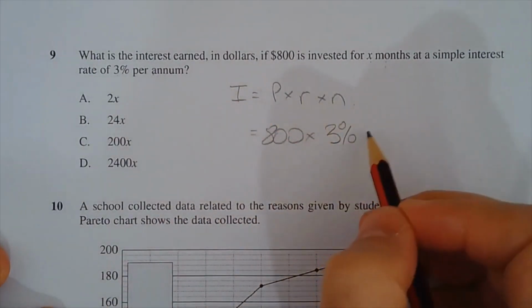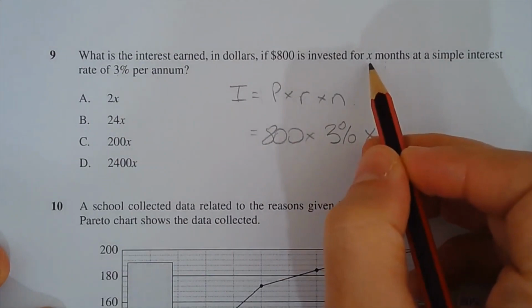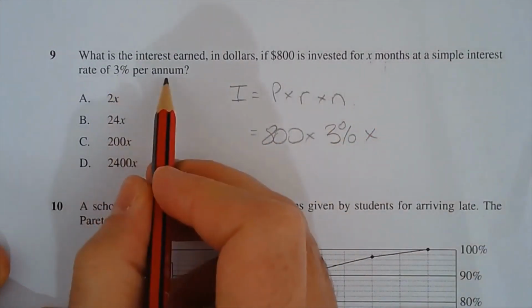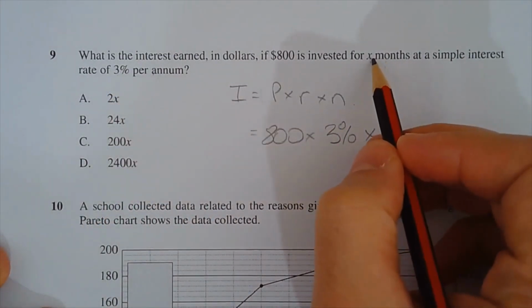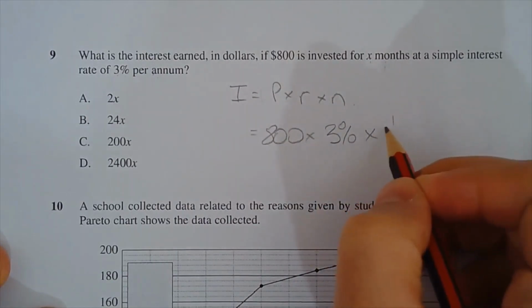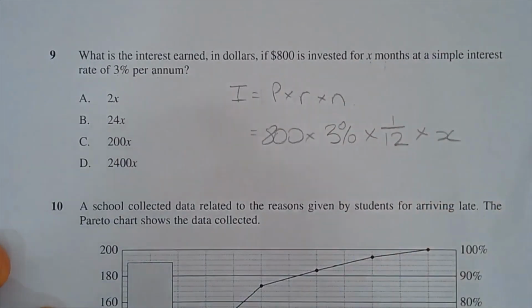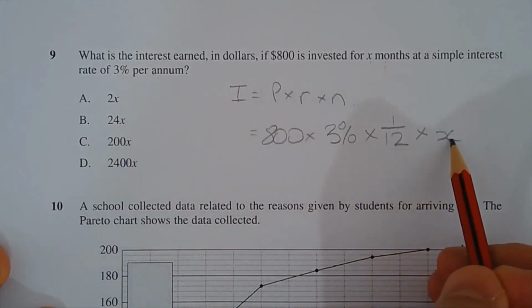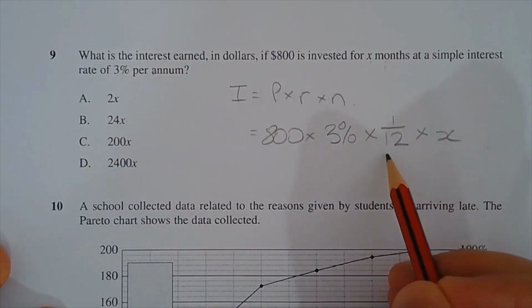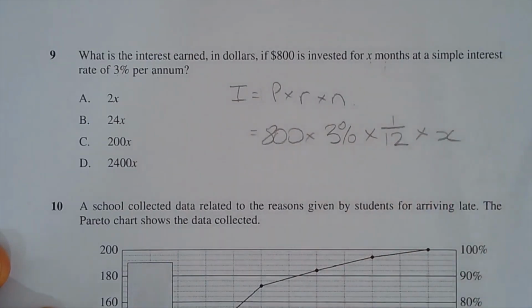Now, the time, the N, is X months. But the interest rate is per annum, per year, which means that we have to divide the X by 12. So I'm going to multiply this by 1 on 12 times X months.